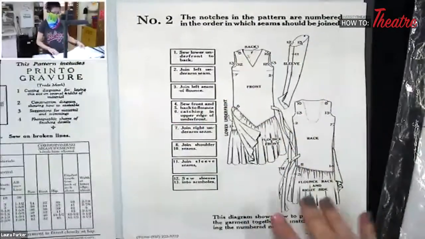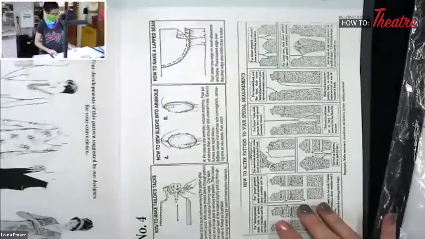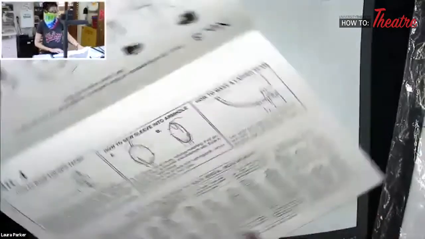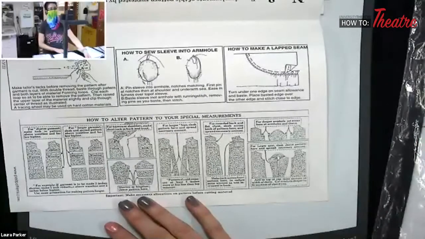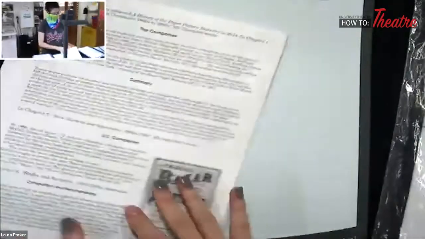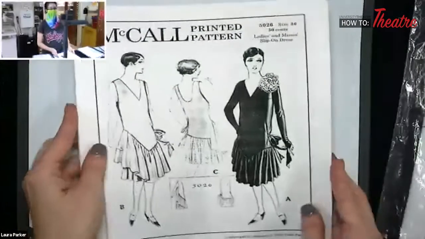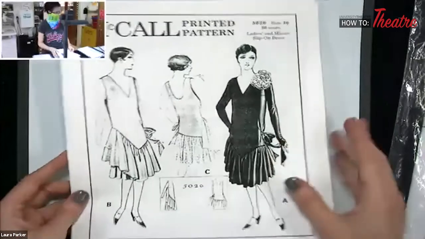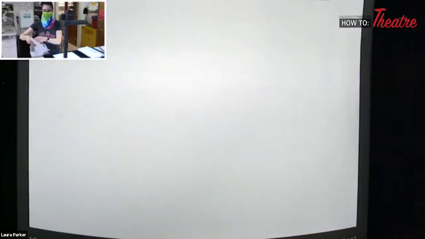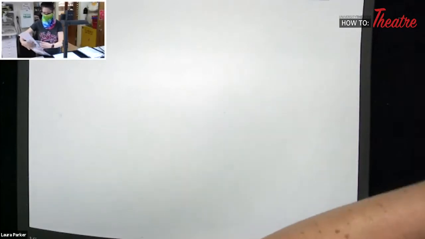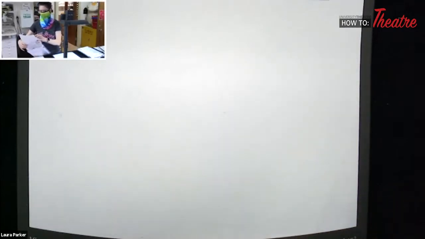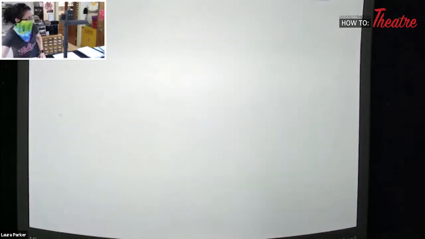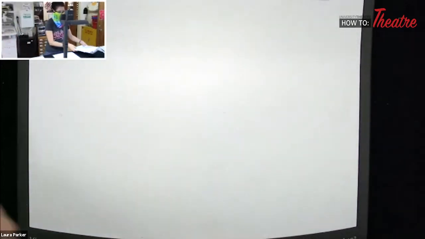And they are just reprinting these pattern pieces for us to use. Some of them come with a little more instructions. Some of them just come with a reproduction of the vintage instructions. But there are a variety of companies that are doing these actual reprints of historic patterns. And these can be really, really great tools to have in your theatrical toolbox, because antique patterns, especially the older that they get, can be really, really expensive.